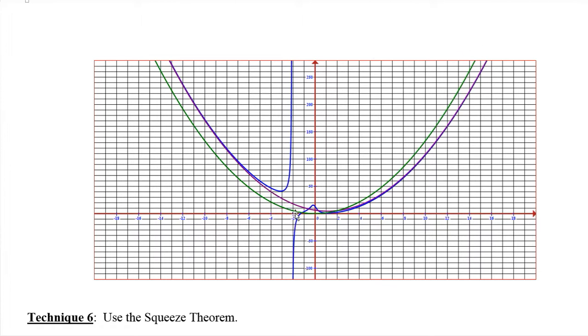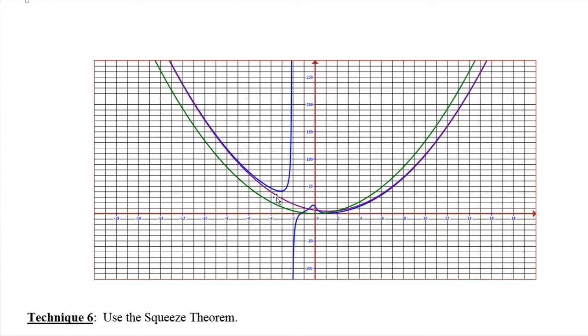To the left of this vertical asymptote, it looks like it's all concave up. Decreasing concave up reaches a minimum, increasing concave up approaching this asymptote here. Now, once you're to the left of this minimum, it looks a lot like the parabola.